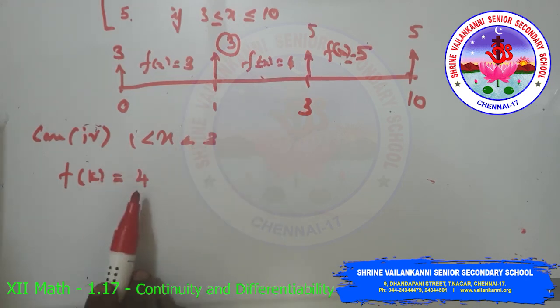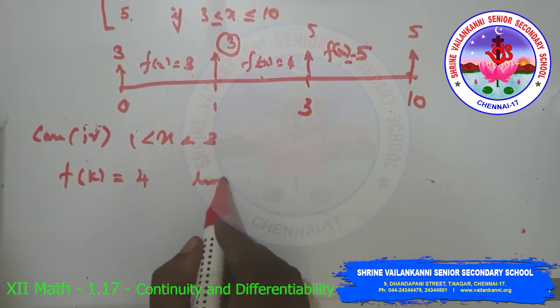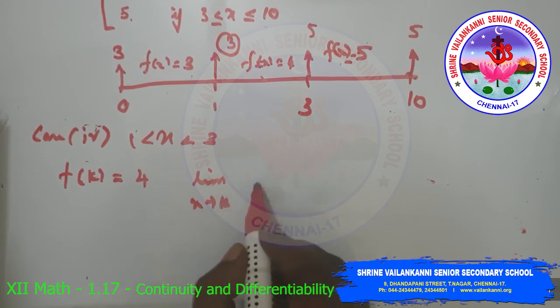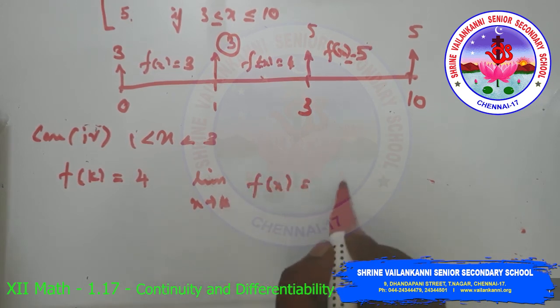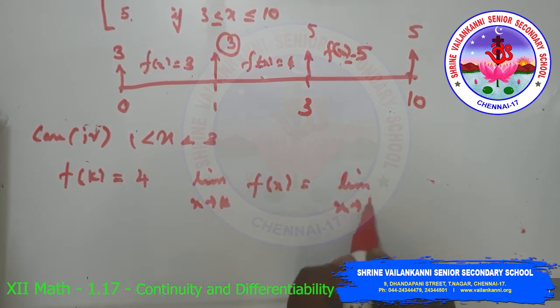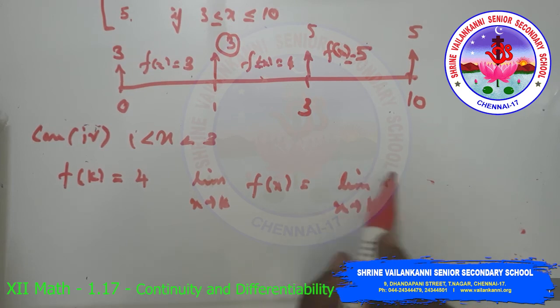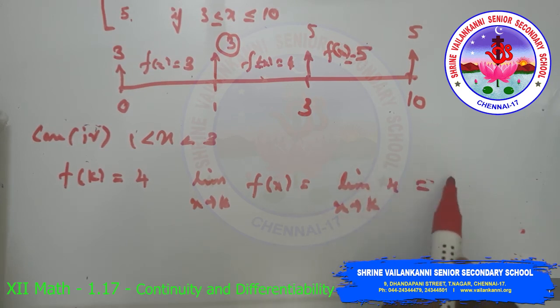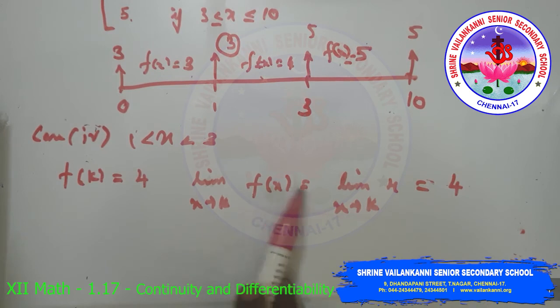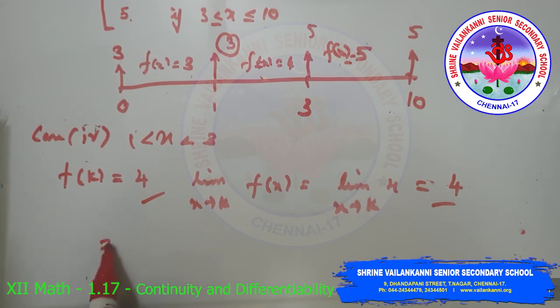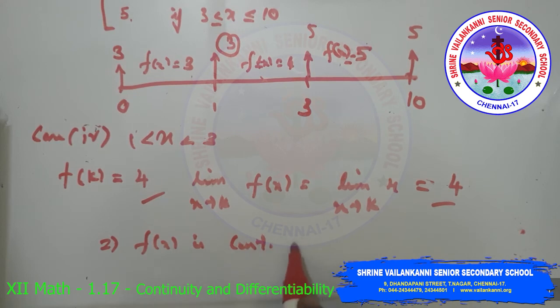Then limit x tends to k of f of x is equal to limit x tends to k of 4, which is equal to 4. Here we have these two values equal. We can say that f of x is continuous for x between 1 and 3.